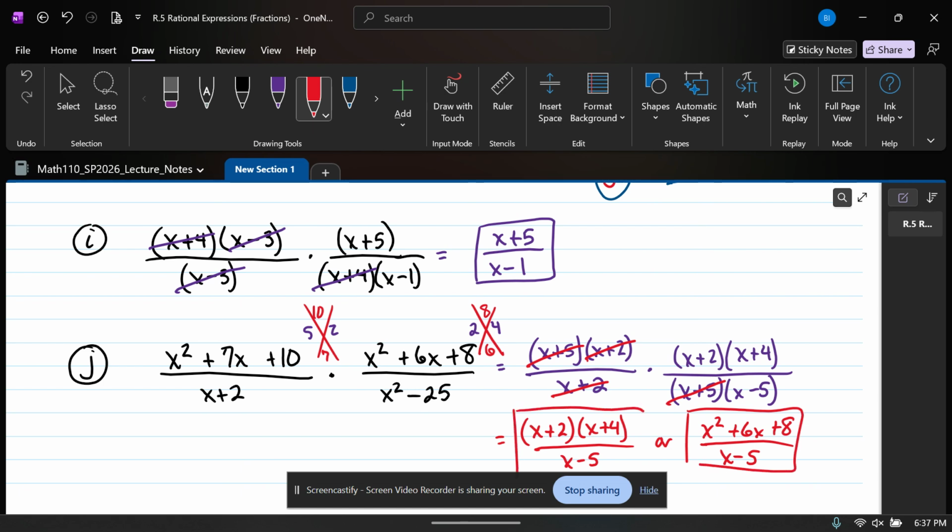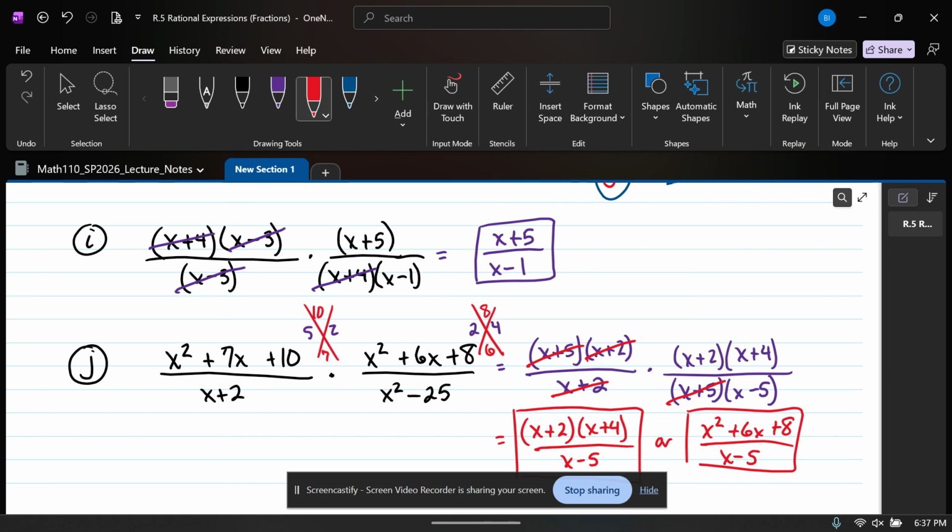Both are correct. They both say the same thing, but one is in the factored form, one is in the multiplied out form. Like I said, I don't know which way they'll put it on the final. I've seen it both ways. I like this way better, but some teachers like this way better. It doesn't matter. It's the same thing, though. Okay?